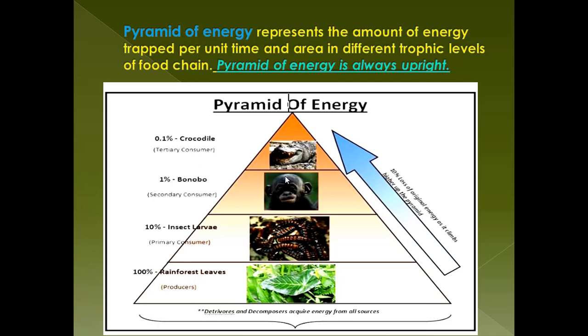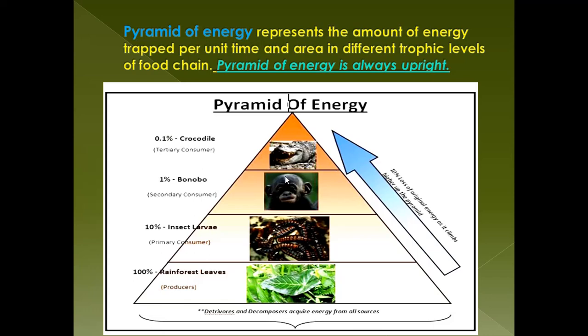So in insect larvae, the amount of energy present is 10%, and then these insect larvae will be eaten by the primate shown here. The primate which you see in this picture is a bonobo, and this primate is the secondary consumer which eats the insect larvae.